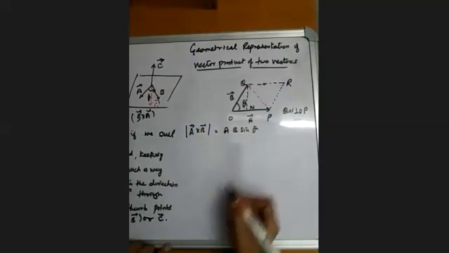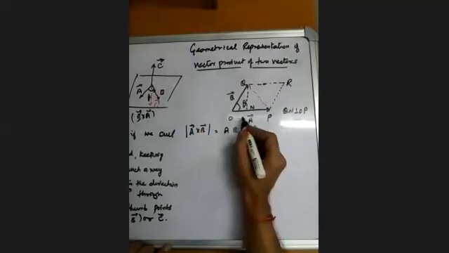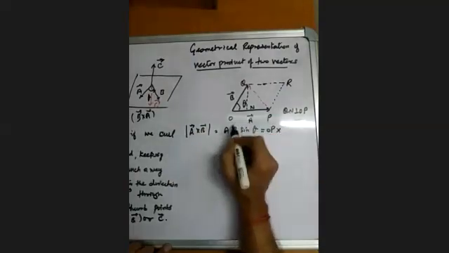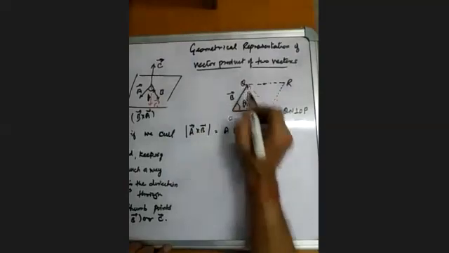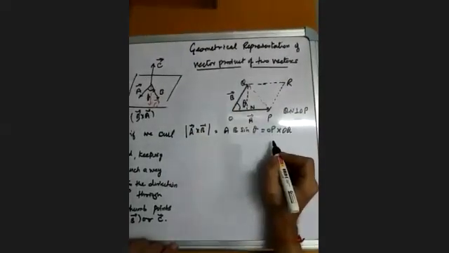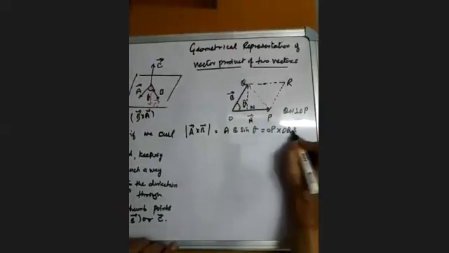So what is AB? The magnitude of A in this case is OP. The magnitude of vector B in this case is OQ, and sine theta.